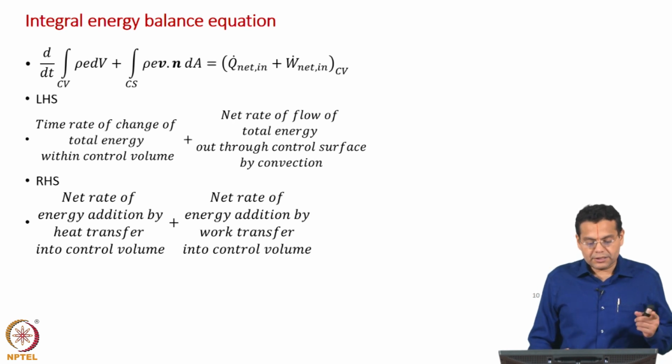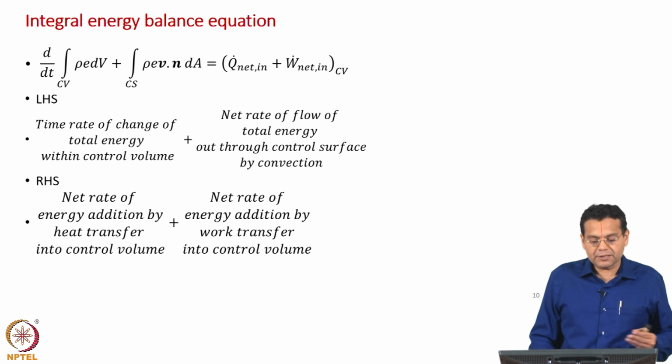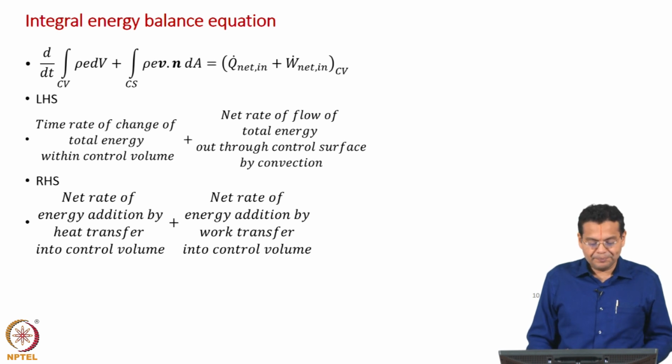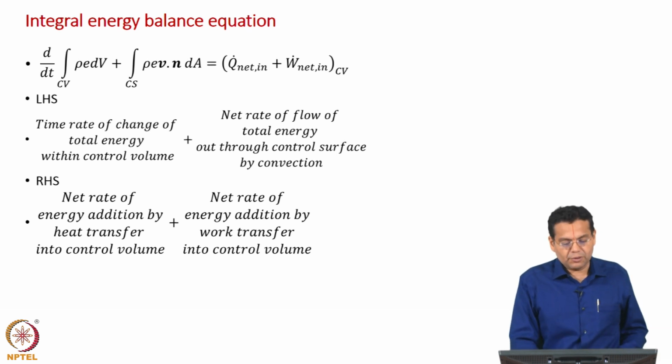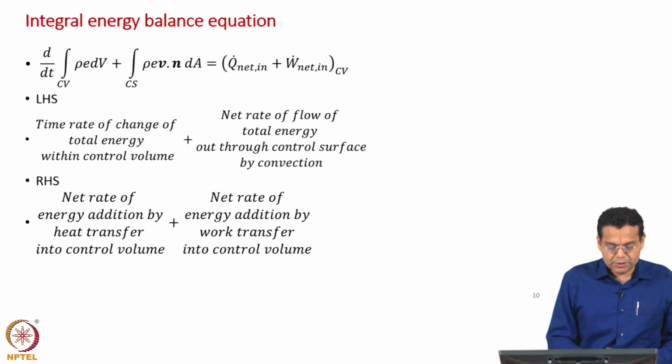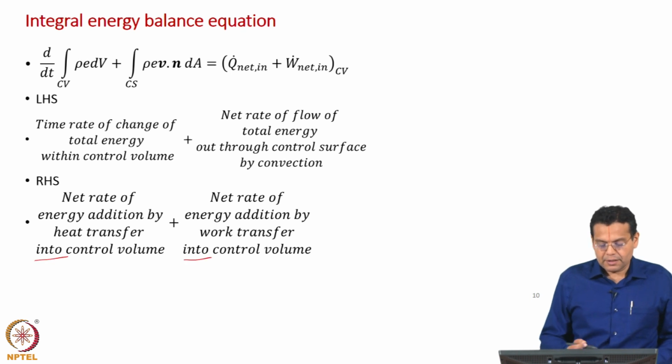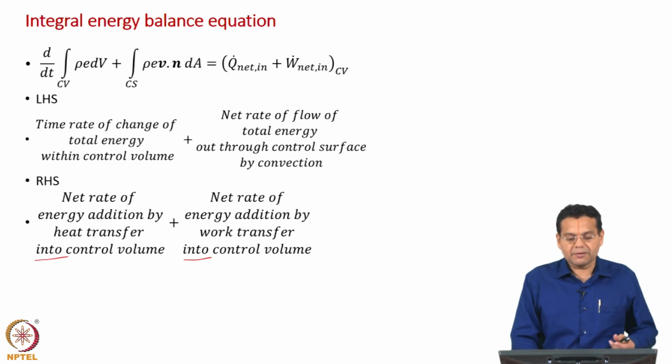So left hand side the first term is the transient term, and then the second term on the left hand side is the convection term, and right hand side we have the heat transfer term and the work transfer term. And we should note that it is into the control volume based on the convention which I have discussed earlier.